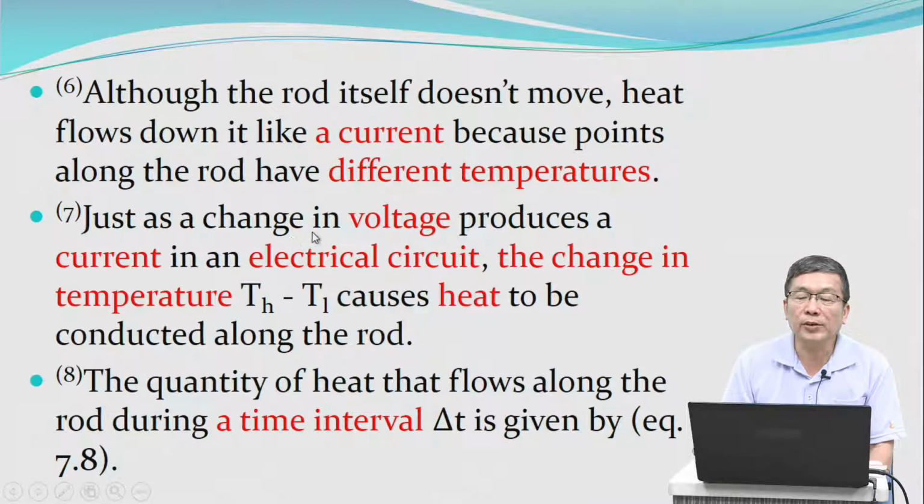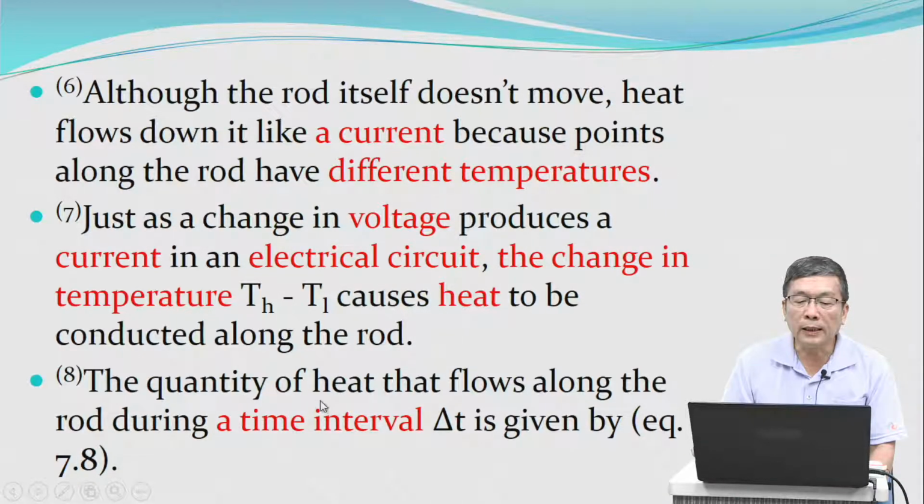Just as the change in voltage produces a current in an electric circuit, the change in temperature, T sub H subtract T sub L, causes heat to be conducted along the rod.